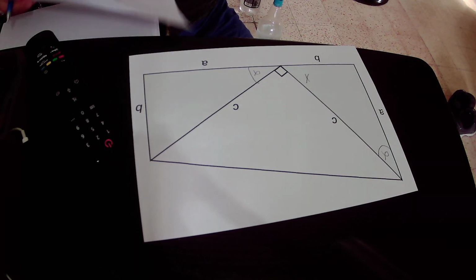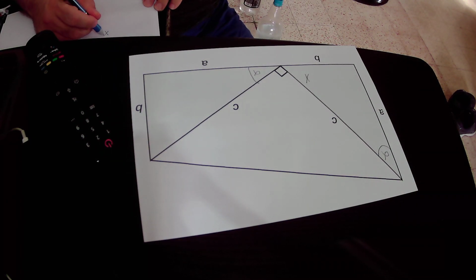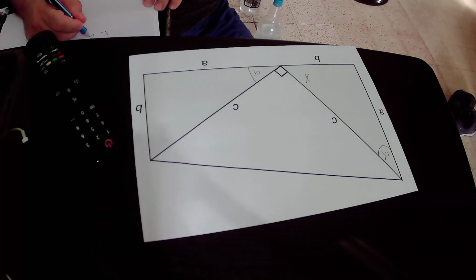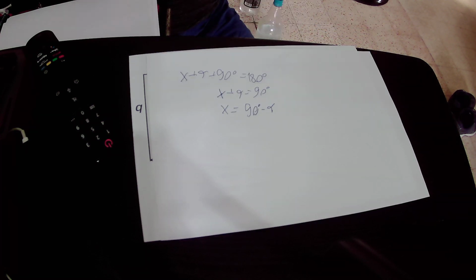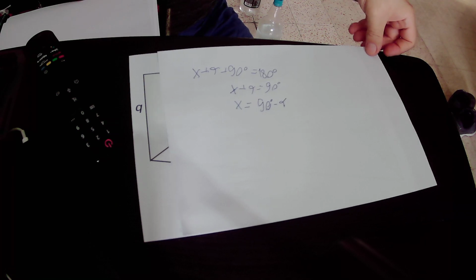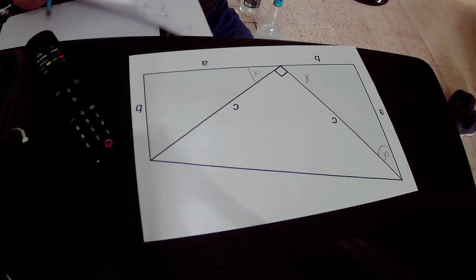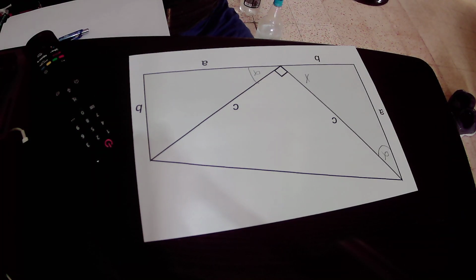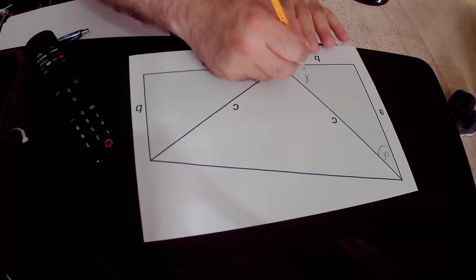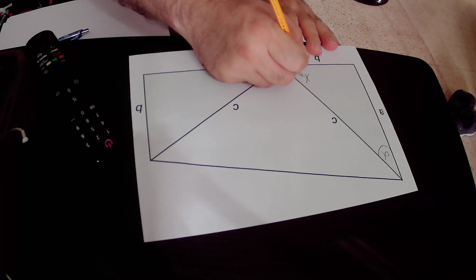Therefore, x equals 90 degrees minus alpha. As you can see here, x equals 90 degrees minus alpha. So we can write here that this angle equals 90 degrees minus alpha.